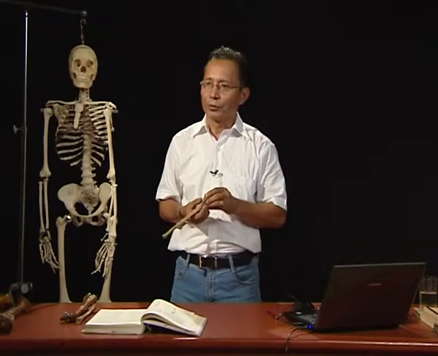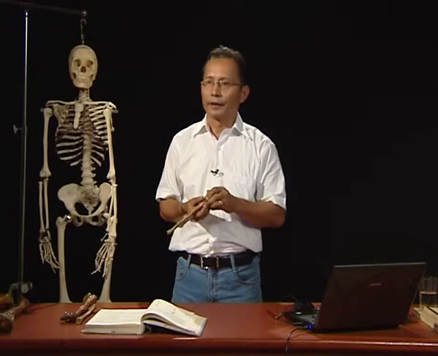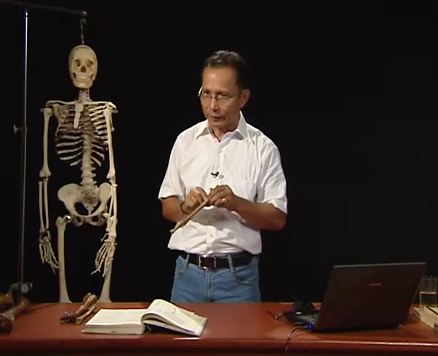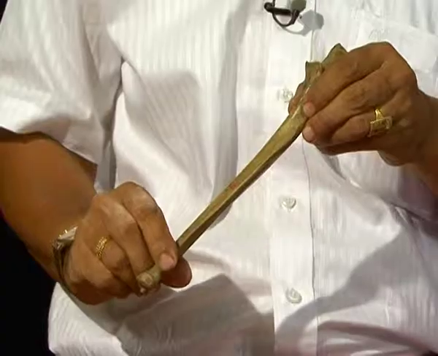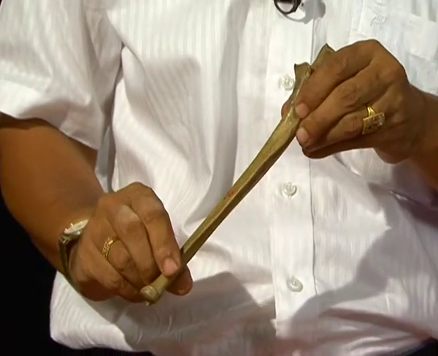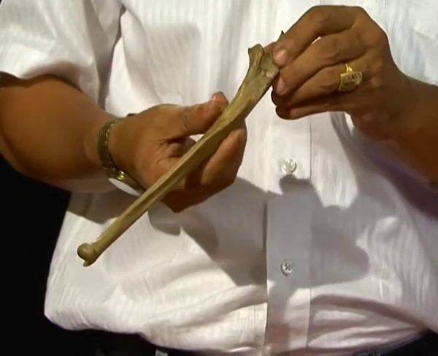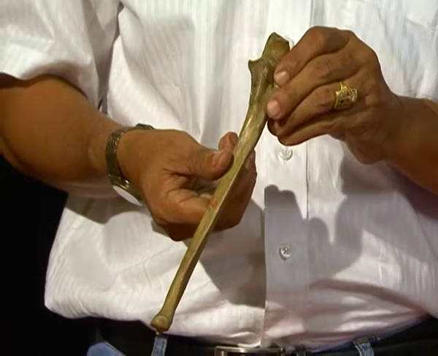Now let us come down to the shaft. The circumference of the shaft gradually tapers as we go down and down, and it is smallest at the lower end. Now the shaft has 3 borders.